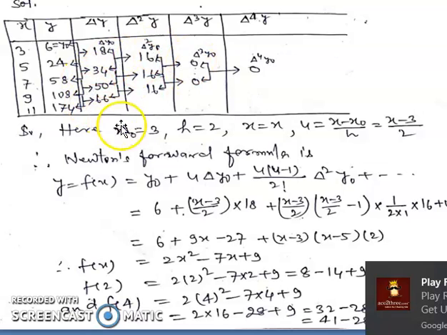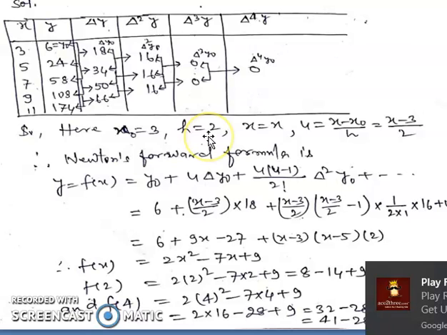Now from the table we see that x0 is 3. The first initial value of x is known as x0, and x0 is 3. And what is the difference? 5 minus 3, 7 minus 5, 9 minus 7, 11 minus 9.